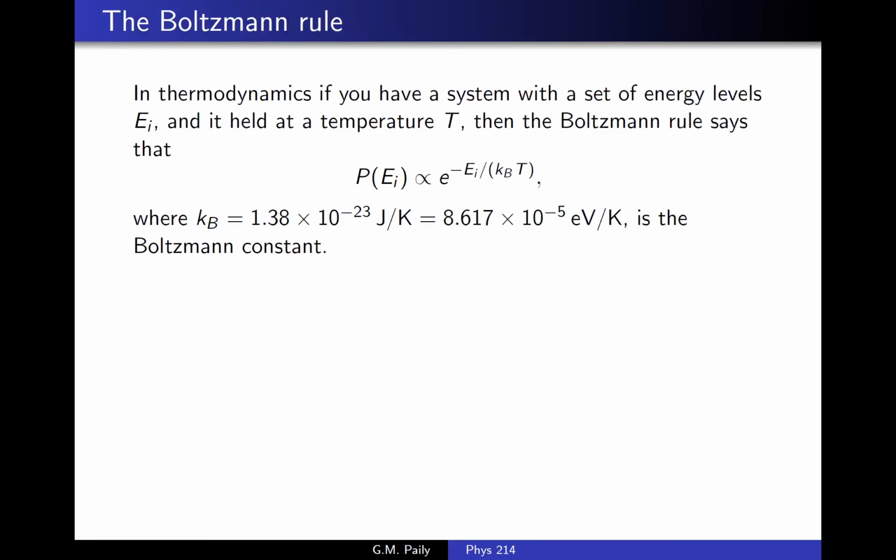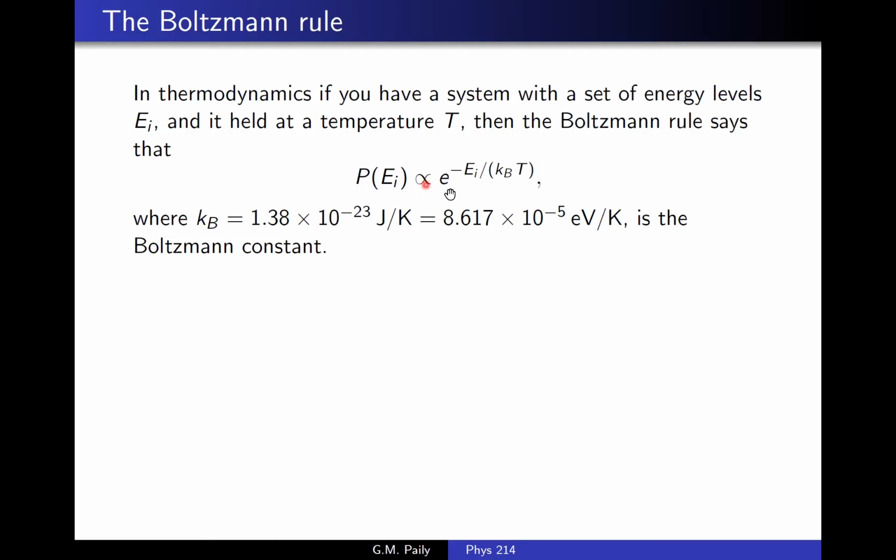In thermodynamics, if you have a system with a set of energy levels denoted by E_i, so you have E1, E2, E3, and so on, and the system as a whole is held at a temperature T, then the Boltzmann rule says that the probability of finding your system in energy level E_i is proportional to this factor, which is sometimes called the Boltzmann factor.